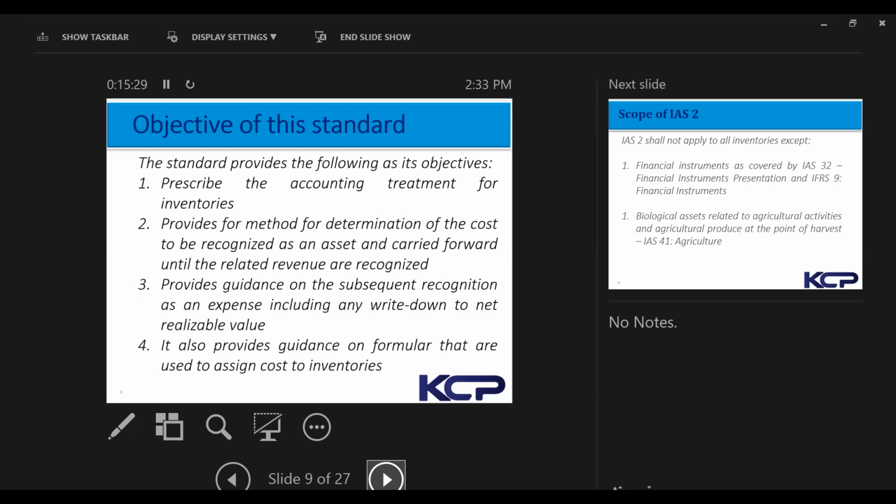Under which instance could you have the adoption of net realizable value as a method of valuing your inventory? When you have an inventory, let's still make reference to the iPhone. I bought the iPhone for resale at 100,000 each. I will perpetually continue to recognize this as 100,000 until what the standard has provided warrants me using net realizable value.